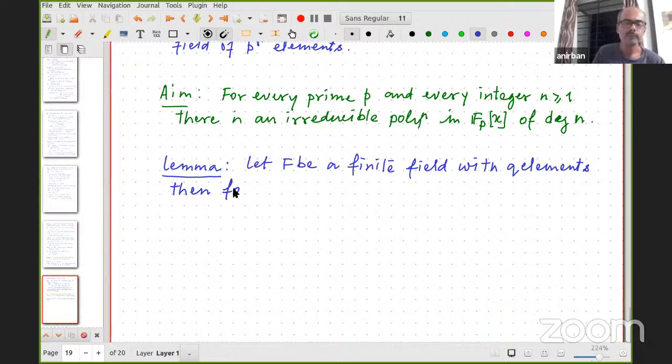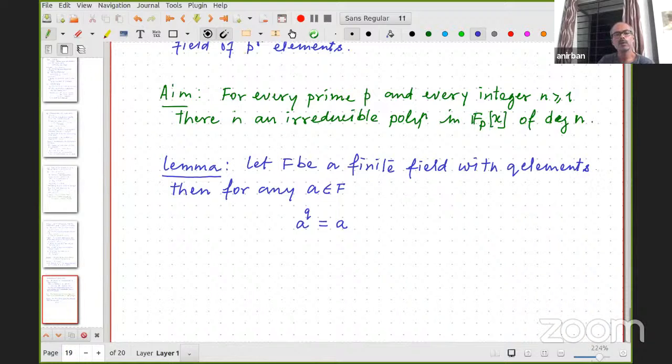Then for any element A of F, A to the Q is always equal to A. So this is a finite field of Q elements.